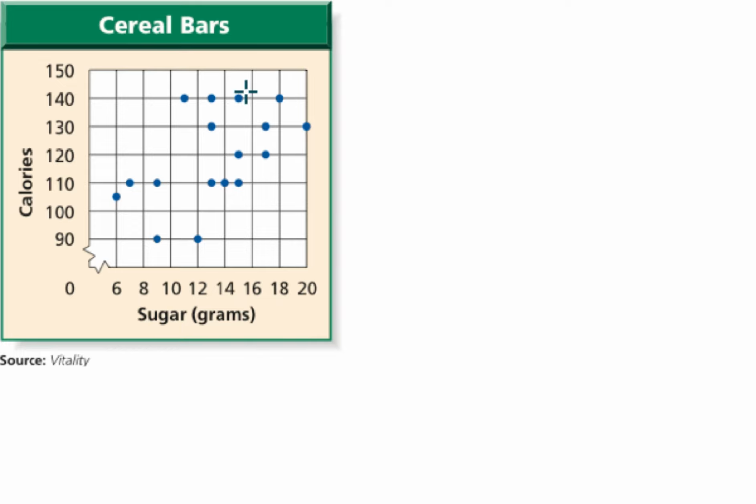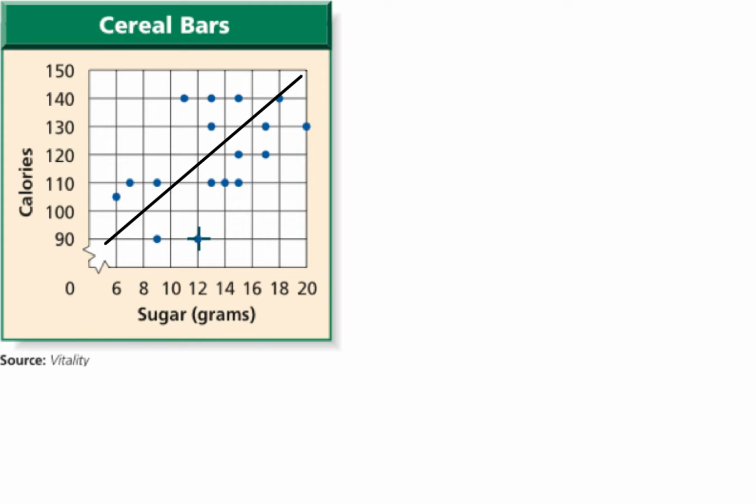All right, same thing here. Describe the association. This one is, I'd say it's a positive association, but it's not a very strong one. It's kind of a low association. There's a lot of spread. As cereal bars have more sugar, they tend to have more calories. As far as outliers go, maybe this one actually has quite a bit of sugar for only having 90 calories.